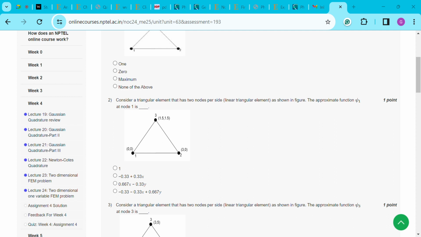Because we do not make error zero at every single point, we make it zero in an integral sense. We make weighted error zero in an integral sense. That is what he said. That means if at some point there is positive error, at some point there is negative error, total must be zero.